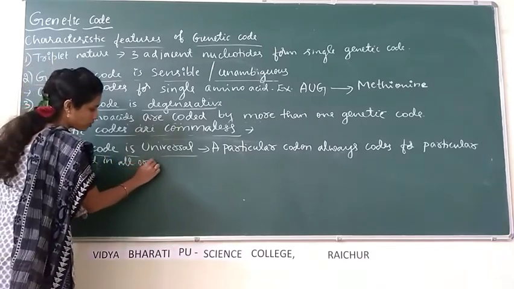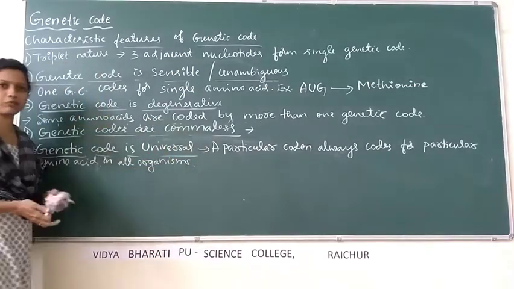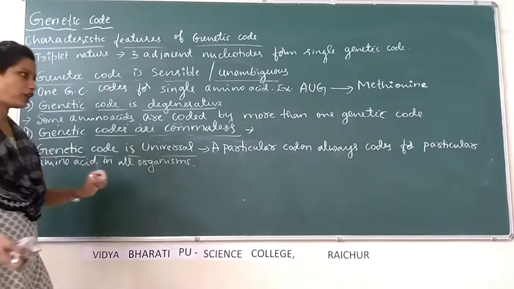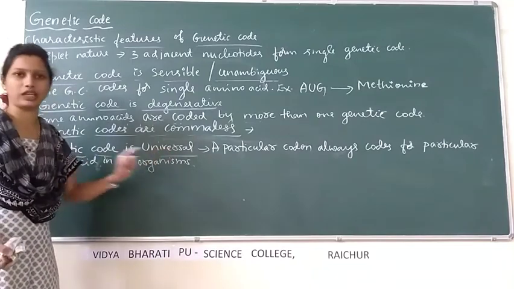All organisms means from bacteria to human beings. It may be a lower organism or higher organism. A particular codon always codes for a particular amino acid only.